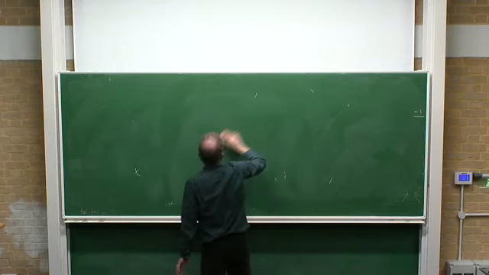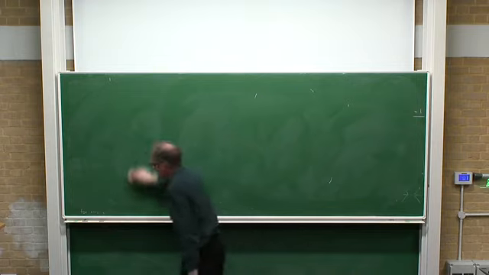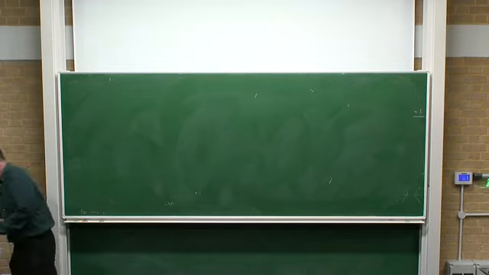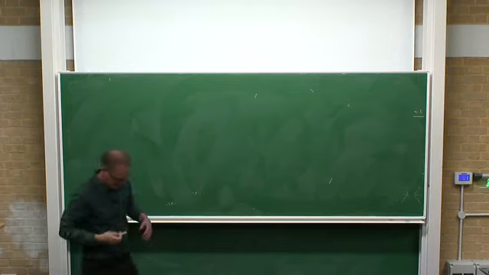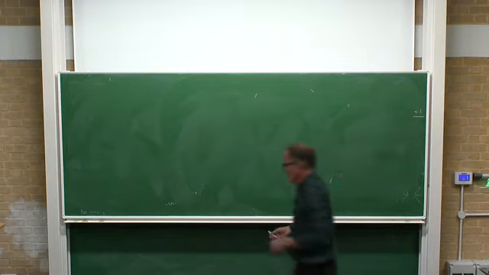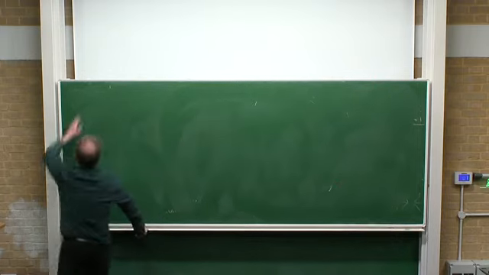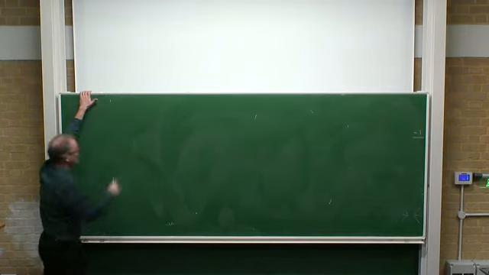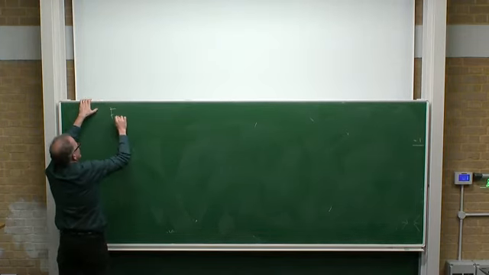But what it does, and why it's useful for what I want to do today, is it gives you nice graphical rules and nice ways of evaluating the fusion category.